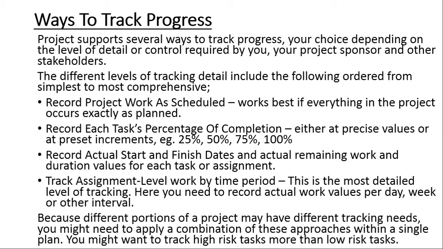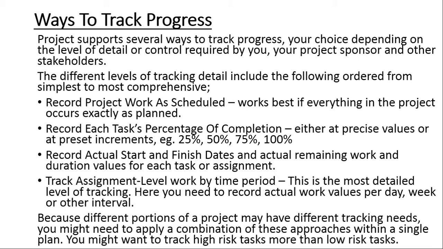The first one is called record project work as scheduled. This works best if everything in the project occurs exactly as planned. It's like you are simply coming and ticking and saying the task has completed according to schedule. That's why it's called record project work as scheduled.